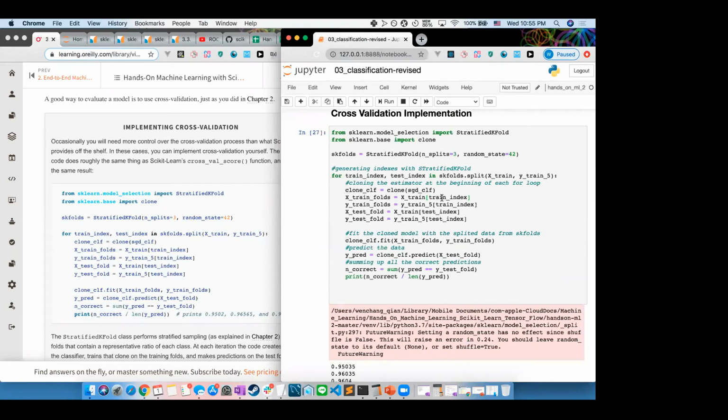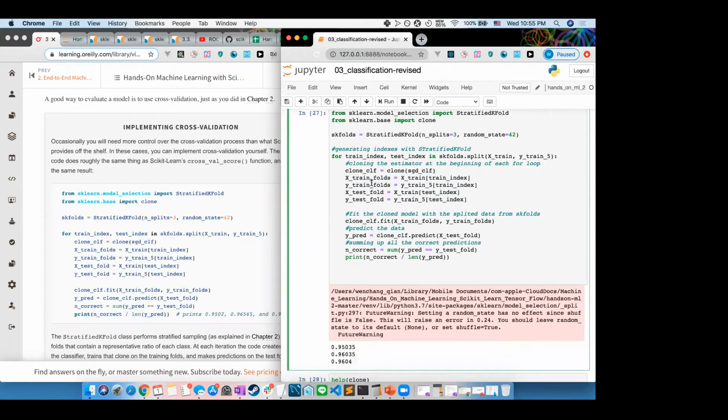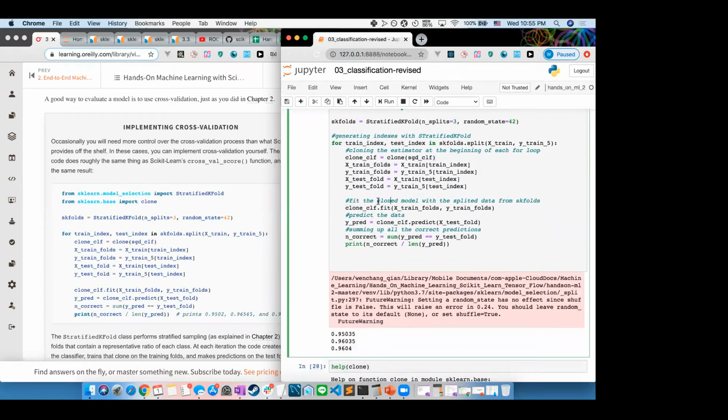We're cloning this object, getting the indexes, passing them into the variables, and fitting the clone model with the split data from k-folds.